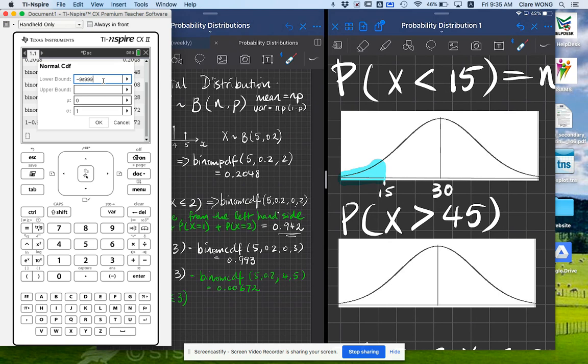This will give you an extremely small value. You can also opt to enter that yourself, so just enter a lot of nines. The upper bound is up to 15. The mean is 30. The standard deviation is 5. So make sure you use the standard deviation and not the variance.